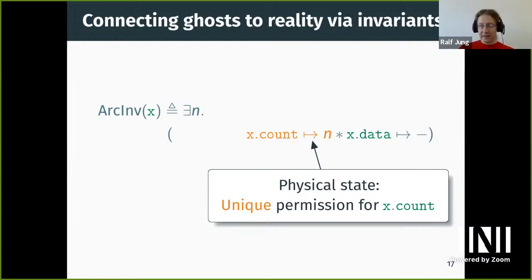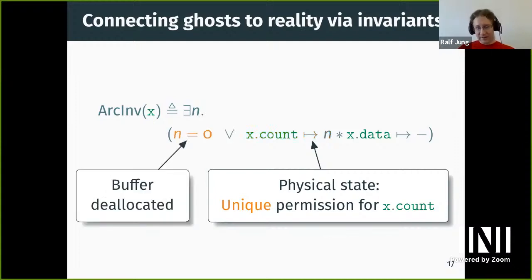However, the invariant will not always own this count field or this memory. After all, at some point, we want to destroy and deallocate the ARC when it reaches 0, and then this ownership will be gone. So in the invariant, we have a second case where the n ought to just be 0, and then there's nothing else to show. That is the physical part of the invariant.